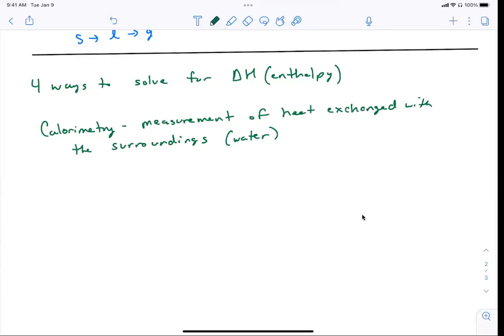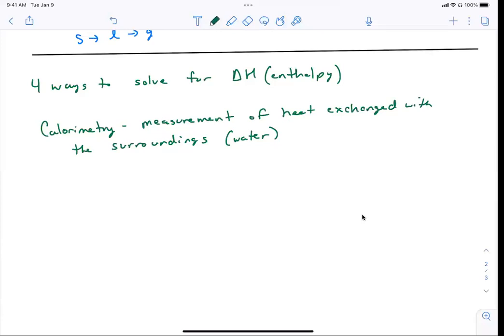So this is more of a practical measurement that you can do in a lab in high school, measuring the calorimetry of a reaction. You might have done that last year when you reacted and measured the temperature of the water when the reaction occurred. The temperature of the water would go up or the temperature of the water would go down, okay?